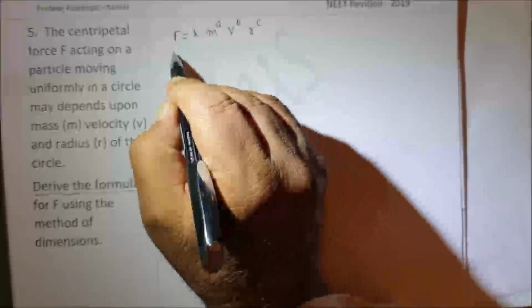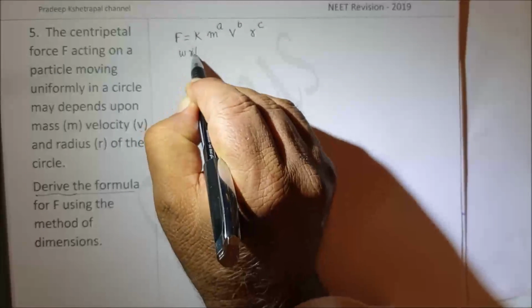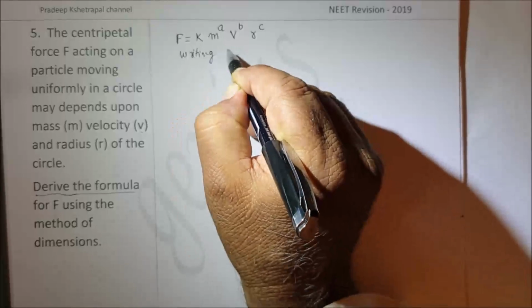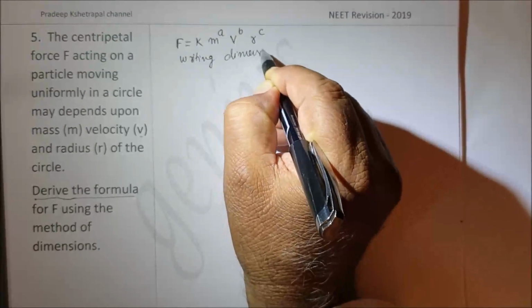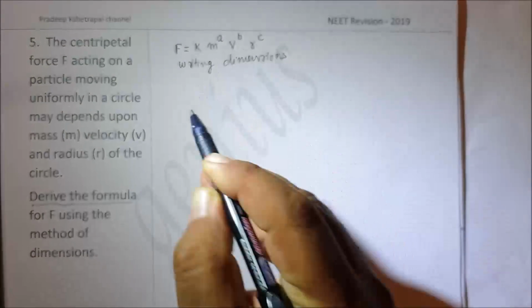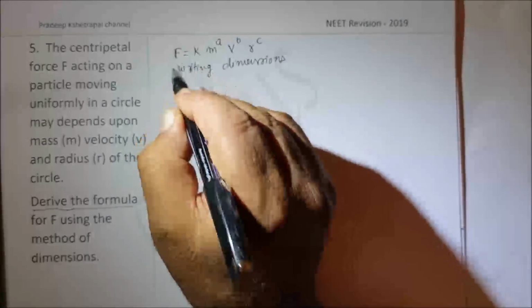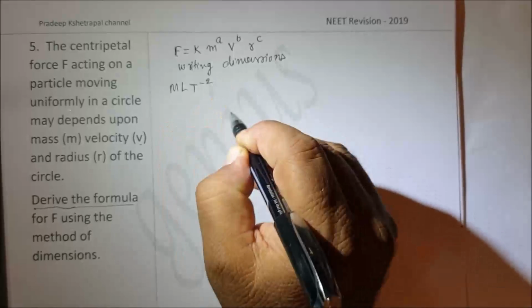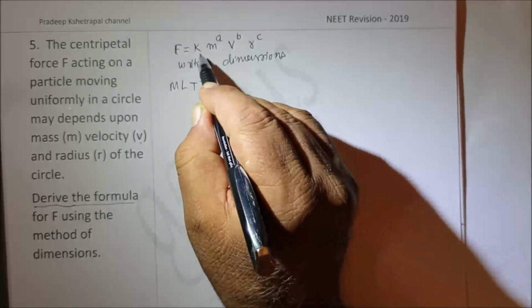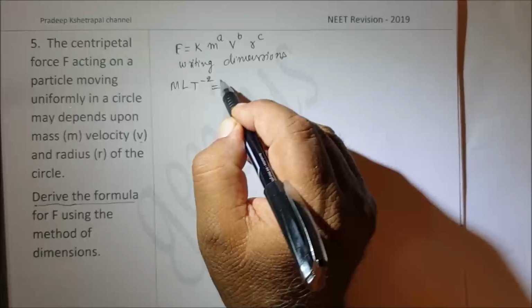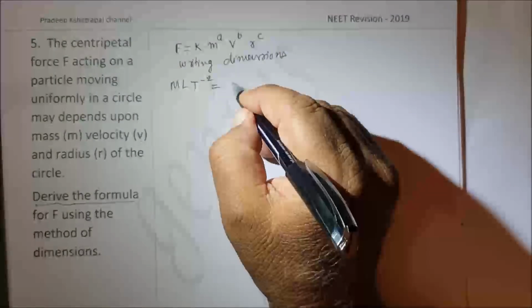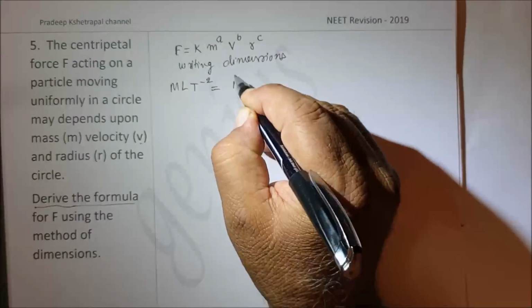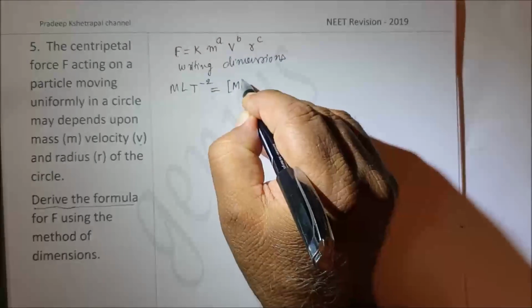Now we write the dimensions. Force has dimensions M L T minus 2, and that is equal to k, which has no dimensions, m is mass, so M with dimensions to the power a.